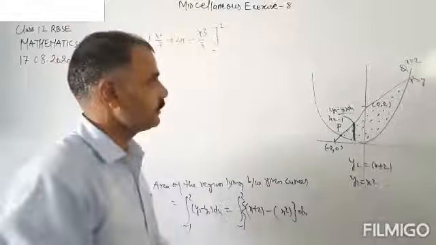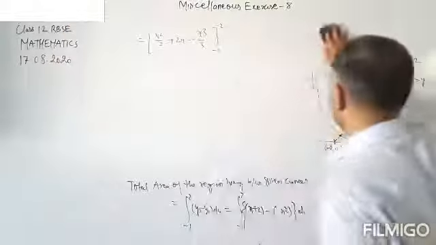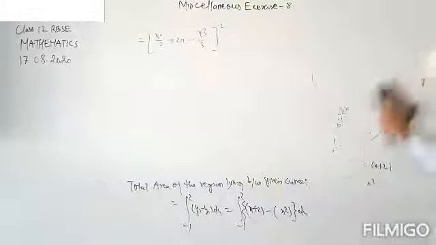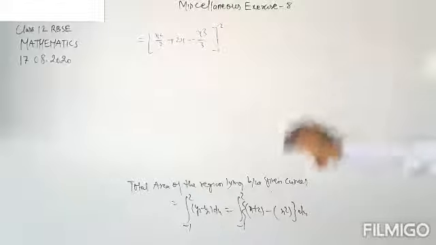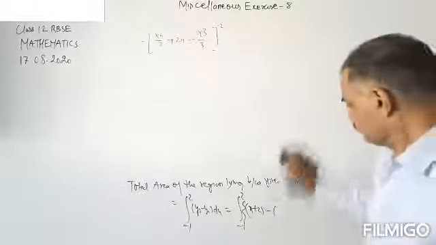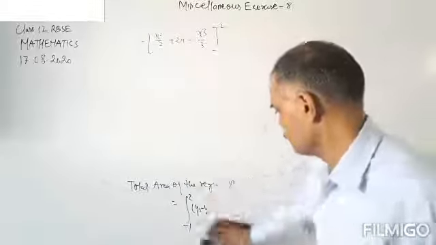Now we have to put in the upper and lower limits, so there is no need for this diagram and the other calculations. Let me wipe all these from the board.